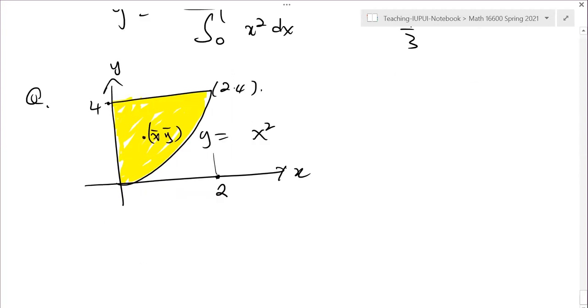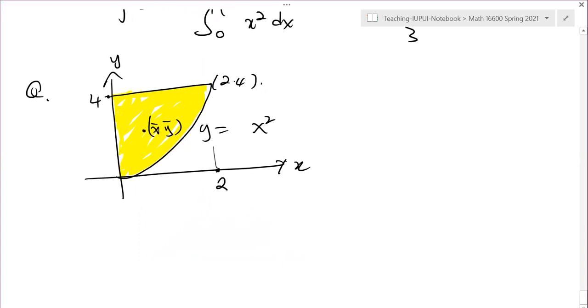I'm going to use two different formulas for y bar, but x bar is the same. Well, it depends, right? You can collapse the region to the y-axis. Okay, so the idea is very simple. You want to find this y bar, this x bar, right?